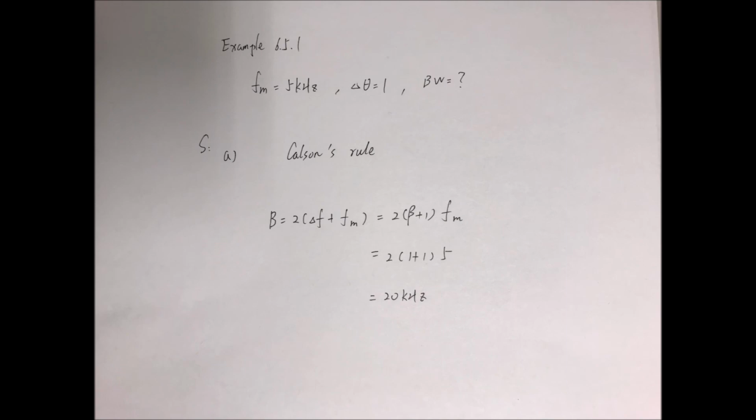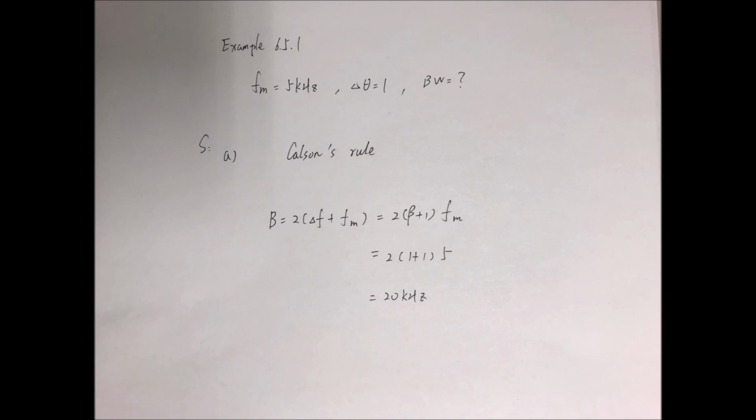Okay, so we know Carson's rule. B will be 2 times delta f plus fm, which is beta plus 1 times fm. So we know fm, 5. How about my beta? For a PM signal, beta is your peak phase deviation.